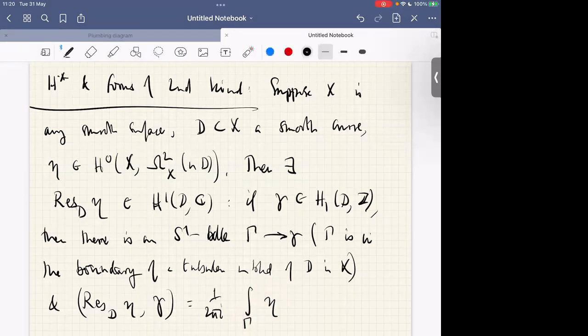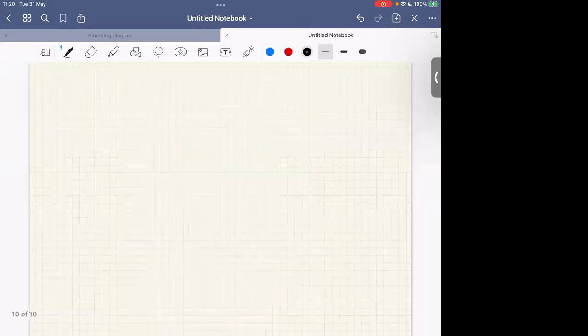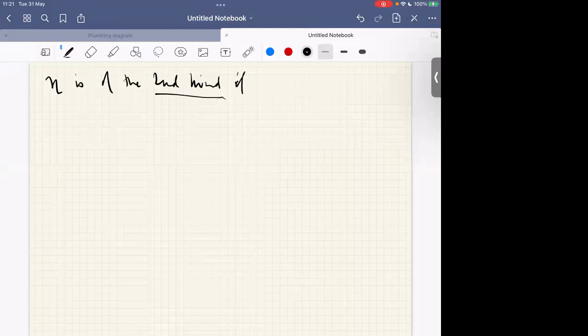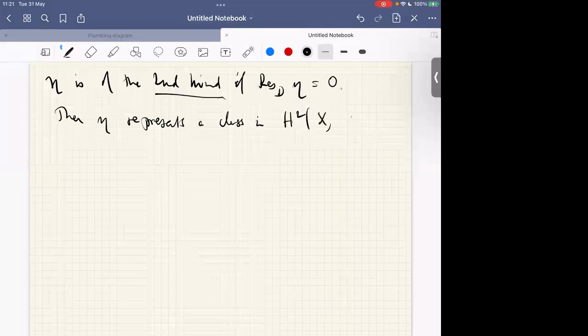And then eta is of the second kind if this residue is equal to 0. This is the obstruction, and then eta represents a class in H2 of X with complex coefficients.